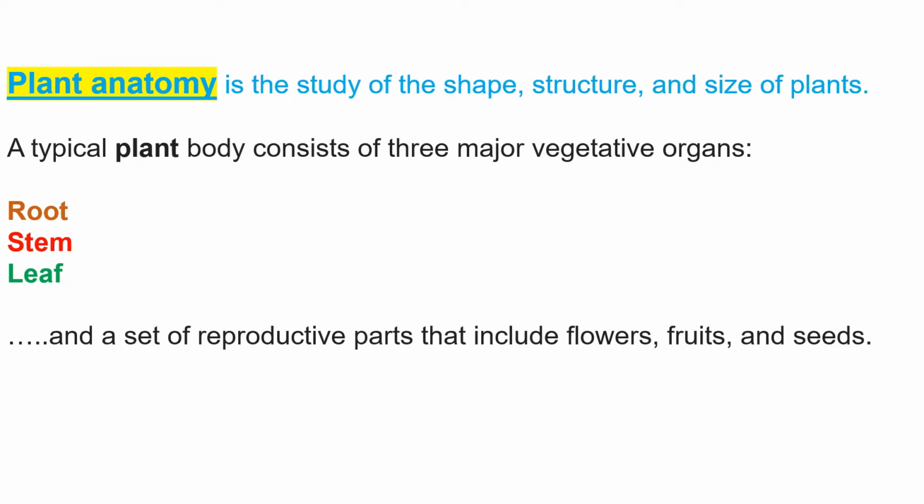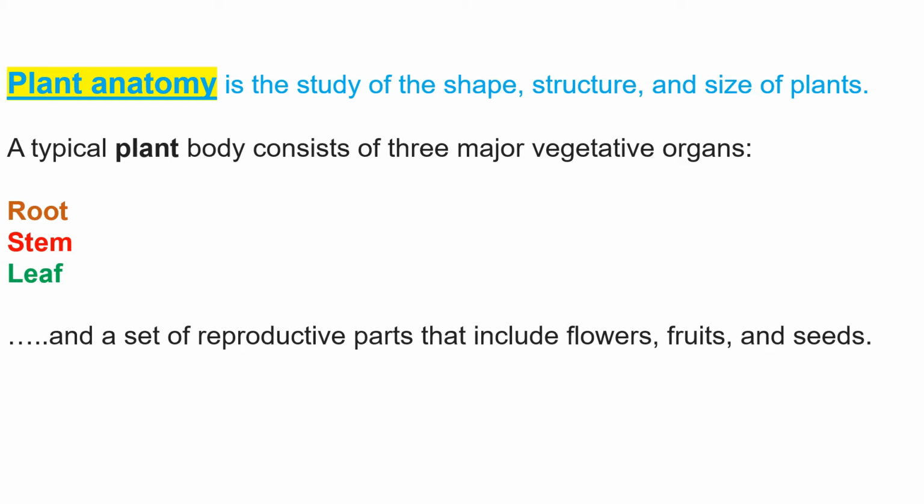Okay, so when I say we're going to be talking about the differences between monocot and dicot plants, I'm also talking about plant anatomy, because all of these differences that we're going to be talking about include anatomical differences. So if you don't know what anatomy is, I had copied the definition of plant anatomy from our very first lecture of forest botany.